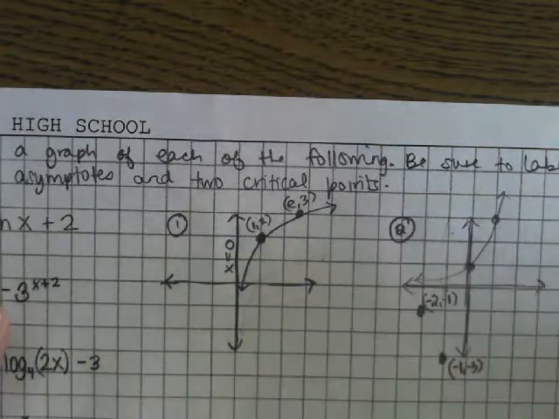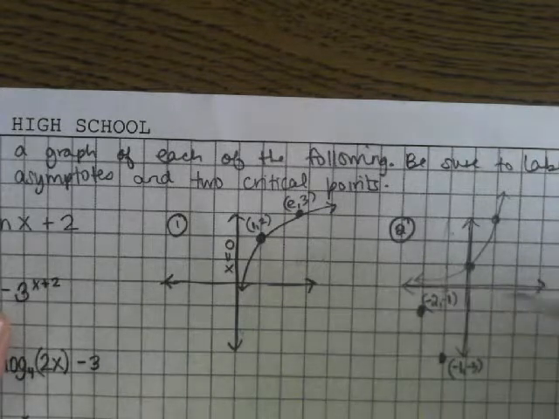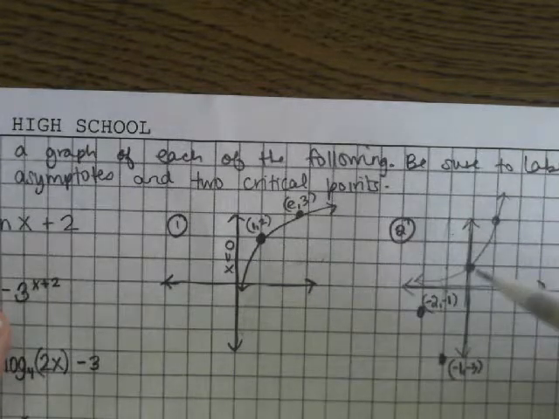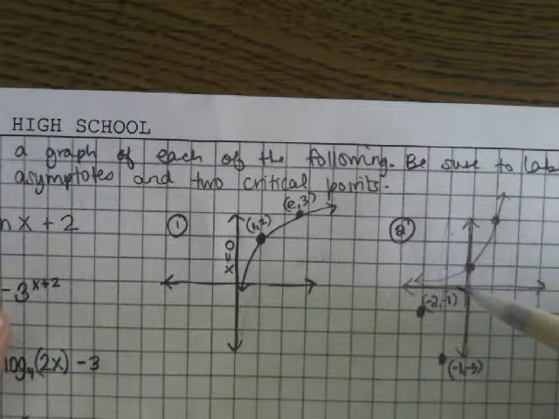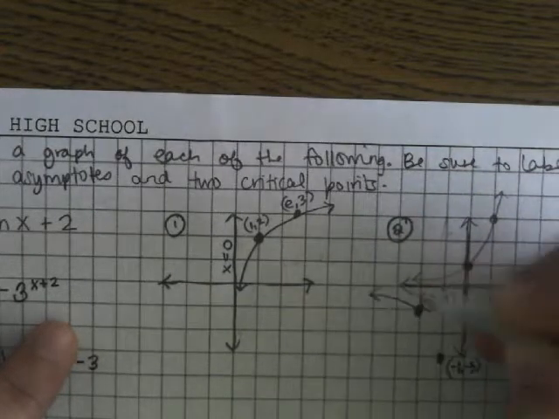And then my asymptote, which was the x-axis, got moved left 2, which doesn't change it at all, right? And then flipped over the x-axis, which means flipped over itself, which doesn't change it at all. So your asymptote is still the same, your horizontal one, and then your graph looks like that.